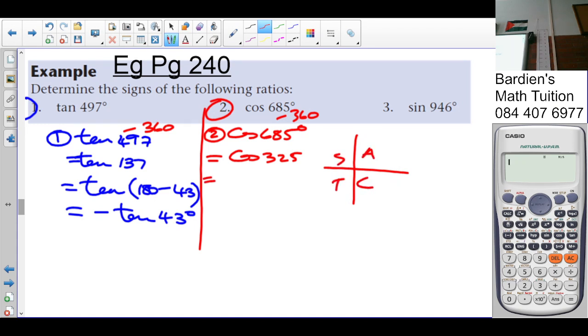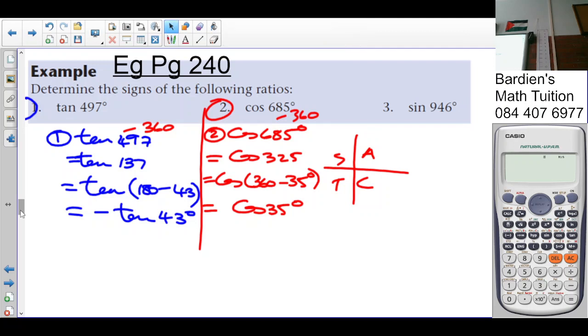So it's going to be cos of 360 minus 35. You all with me there? Is cos positive or negative in the fourth quadrant? Positive. So it's going to be positive cos 35. Who's confused? Okay. On to the last one.